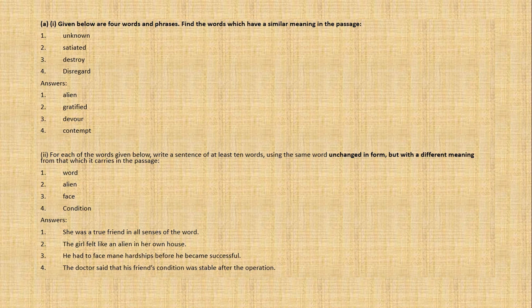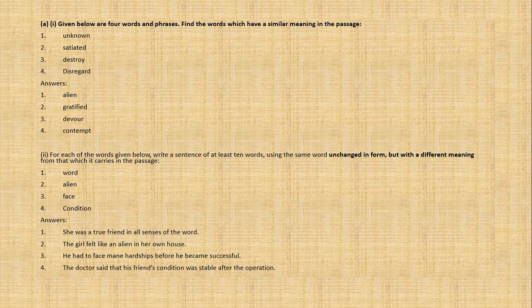Disregard was contempt. Now after this section, A part 1, you all know at least four words with similar meaning but different words. See, this is how it helps. Now you can use these 8 words with similar meaning in your different sentences.